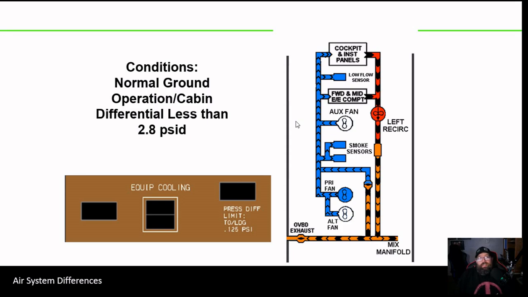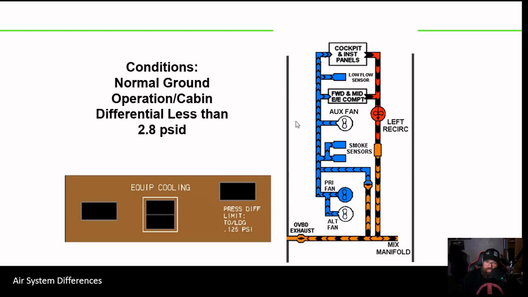The 7.5 works a lot differently in that regard, because we're not talking about a set temperature. We're talking about a differential pressure, so PSID. In this case, we're looking at 2.8 PSID.